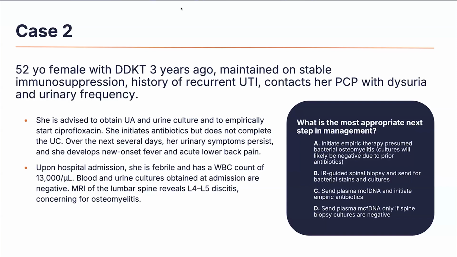Or go ahead and try to convince her to get an IR-guided biopsy anyway and send it for bacterial cultures? Option 3 is send Karius because you anticipate negative cultures, so that is the next step. Or wait, and only if the spine biopsy cultures are negative, then send Karius. These are not right and wrong, yes and no answers. These are basically your approach to what would be the next best step. So please vote now.